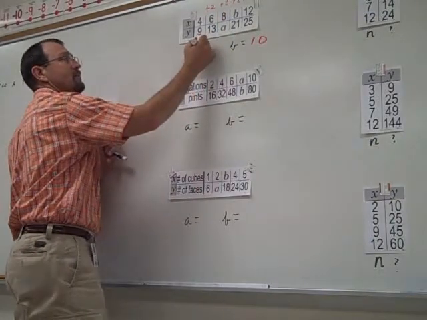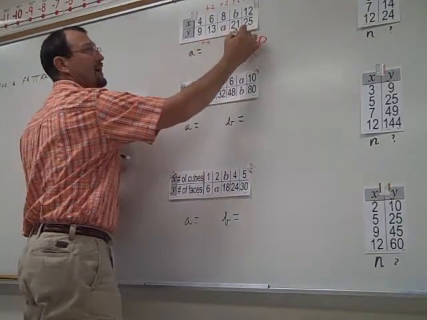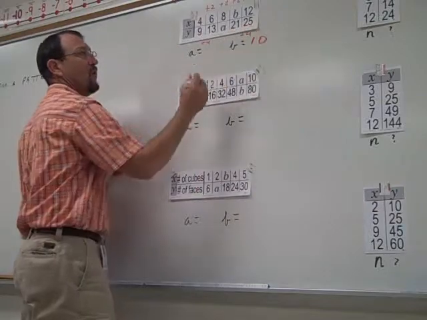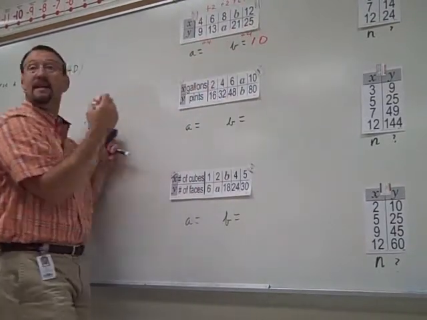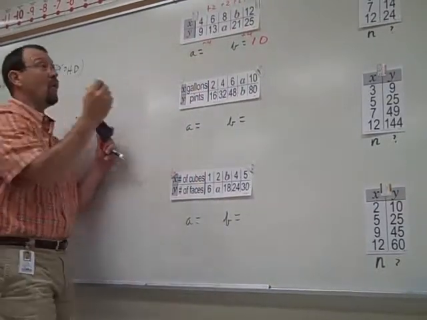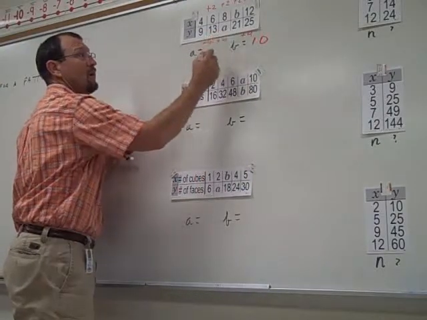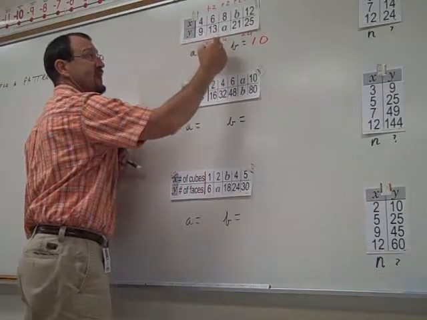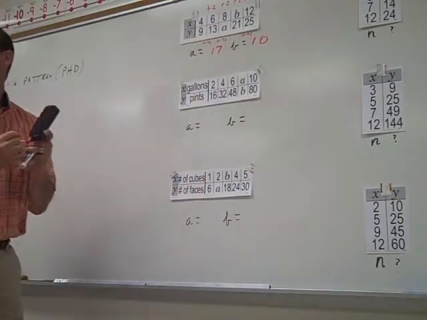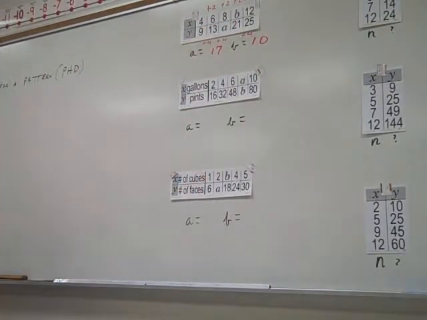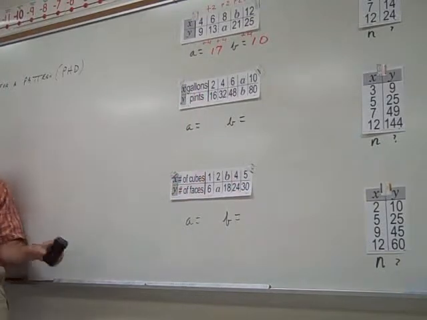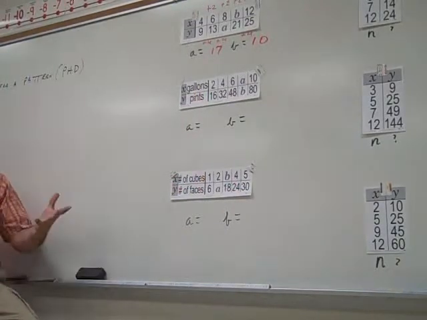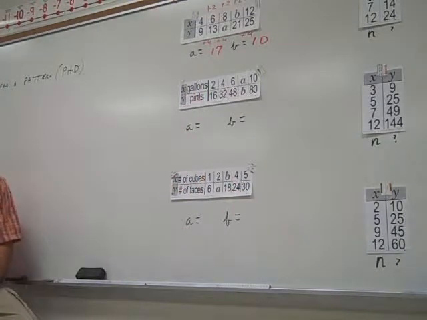What's down here? Plus 4, and out here was plus 4, so I'm guessing in between here needs to be plus 4. So what's 13 plus 4? 17. And then the 17 plus 4, does it give us 21? Yes. It got us a pattern, and we found the missing parts. Is that really that hard? No.